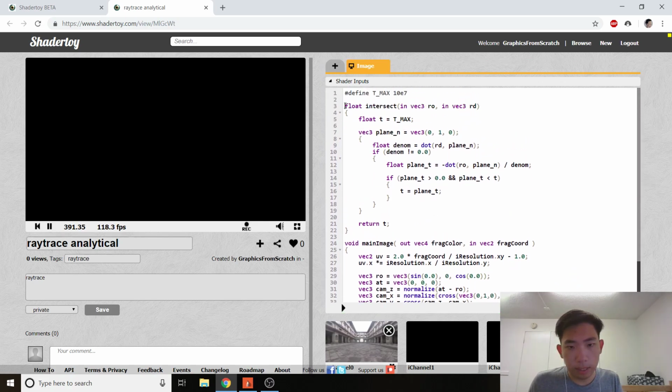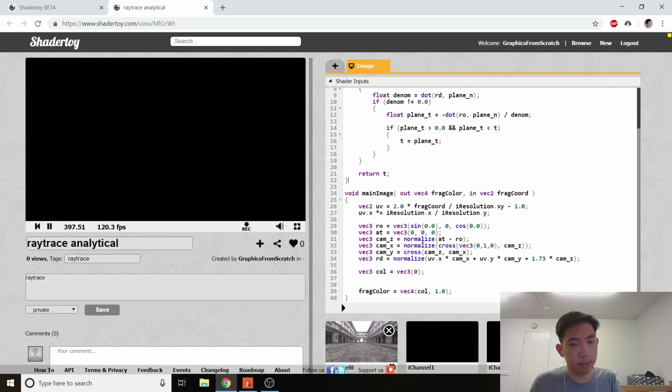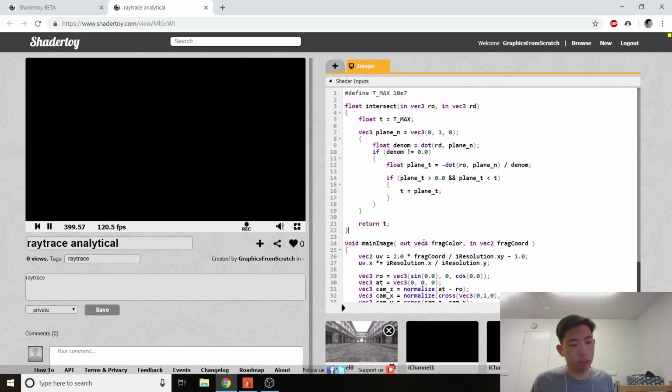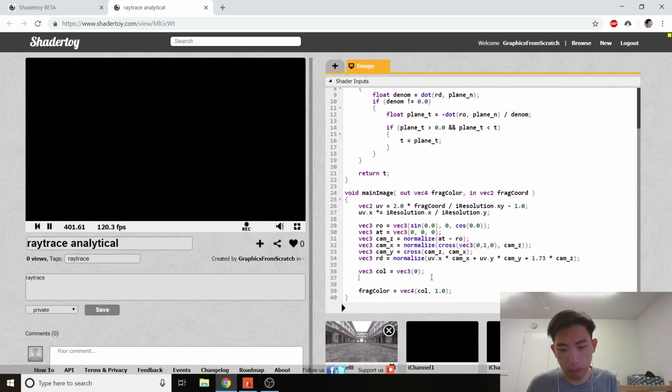So this intersection routine now does an intersection test with the ray and the plane, and the plane is overlapping with the origin with the normal pointing straight up. So what we do is we call this function to find the intersection t, intersect ray origin, ray direction.